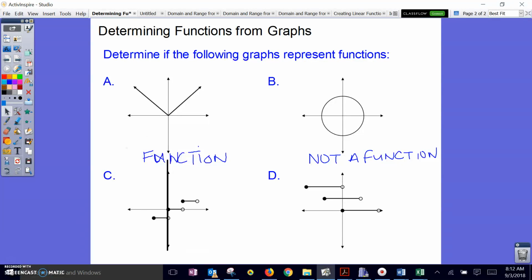And at those times, the vertical line is only hitting one point on the graph at a time because that closed circle and open circle are aligned with one another, which means that there's only one point on the graph there. Because the open circle, while it represents a boundary, means that there's not a point on the graph there. And so this particular function also passes the vertical line test, and so it represents a function.